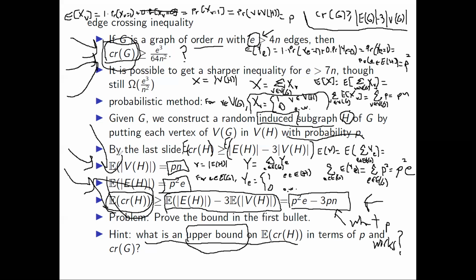And it's going to be because you're going to probably fix a certain drawing when you prove this upper bound. So you're not going to consider all possible plane drawings. You're probably going to be considering a certain plane drawing. So hopefully that hint helps, but feel free to ask me if you have any questions.